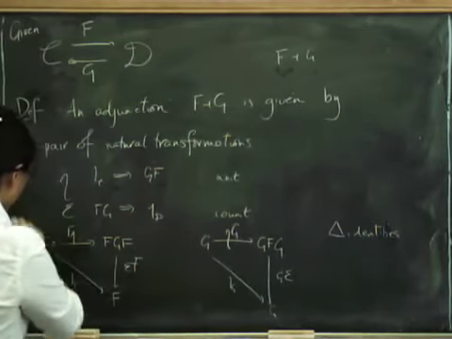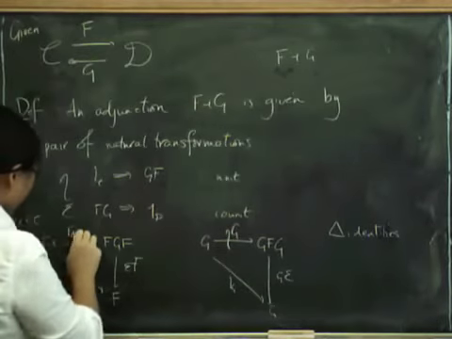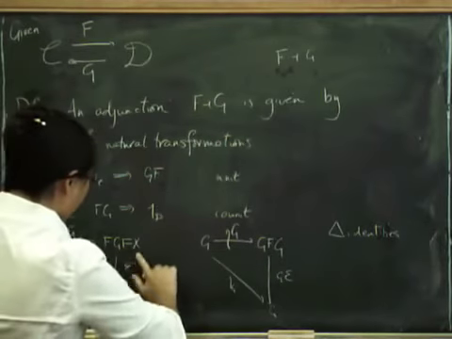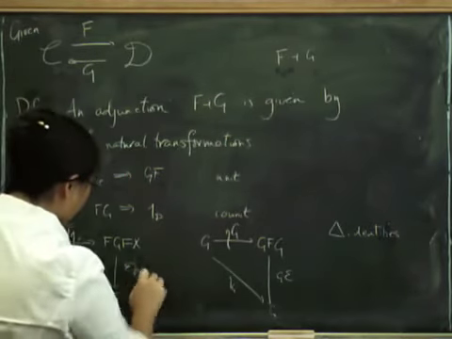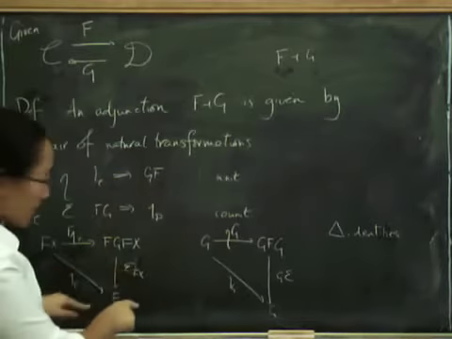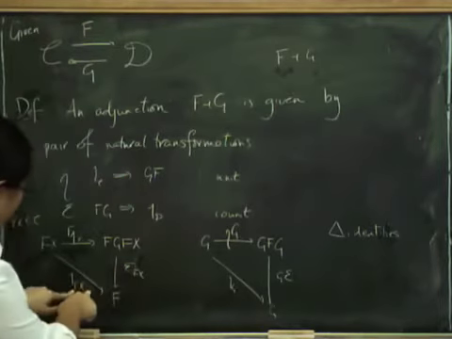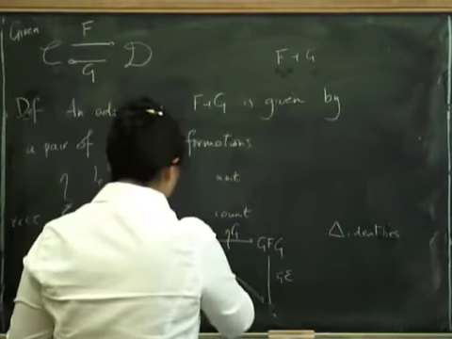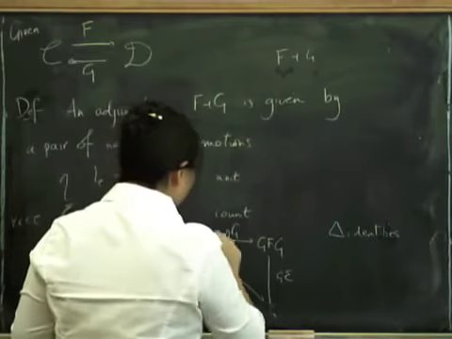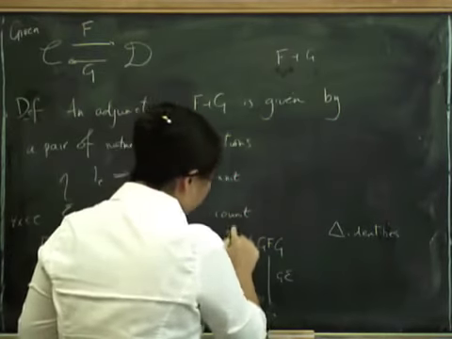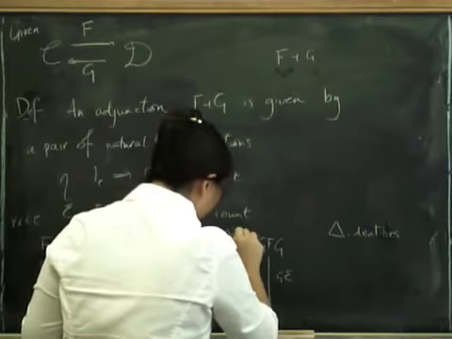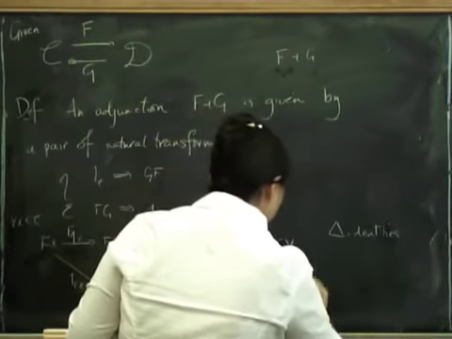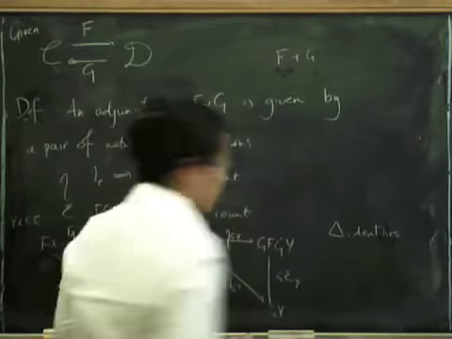So at X, we're saying for all X in C, we've got F of eta at X, GF X, epsilon F has its component at X being the component of epsilon at F of X. Here we've got 1 on F of X and F of X. So here we're going to say for all Y in D, this is what's got to commute. The component of eta at G of Y, G of Y, G of epsilon at Y, and GY.